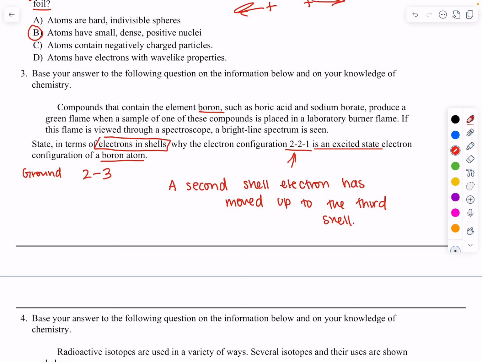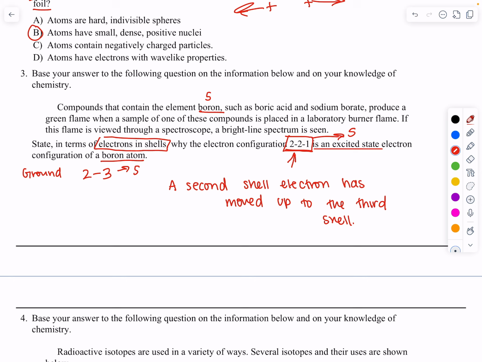And even though this is an excited state electron configuration, the excited state electron configuration always adds up to the same number of protons. 2 plus 2 plus 1 is 5, and 2 plus 3 is 5, right? That's how I know that it's boron. Boron's atomic number is 5. So that's explaining why in terms of electron shells.